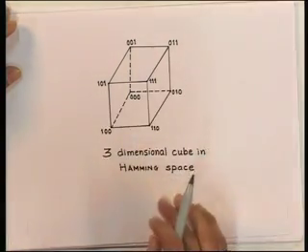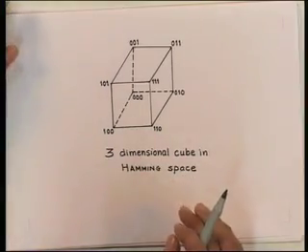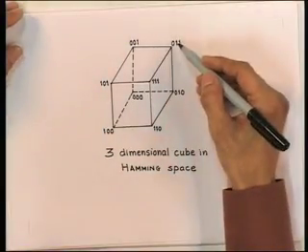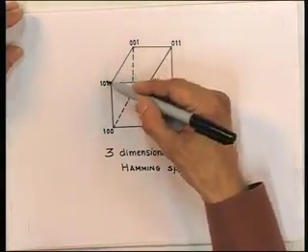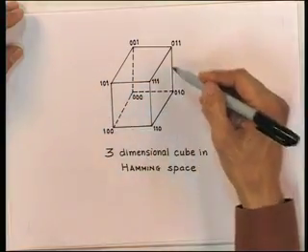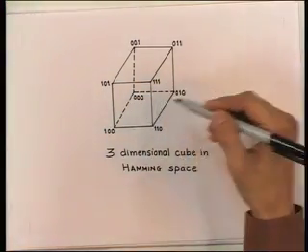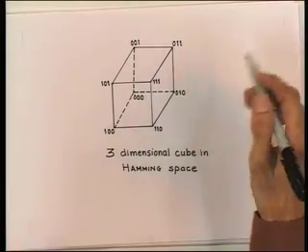This is a 3-dimensional cube in Hamming space. It is convenient to map binary sequences as shown in this figure and to talk in terms of what is called the Hamming distance.